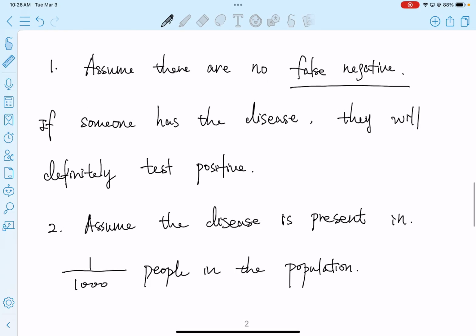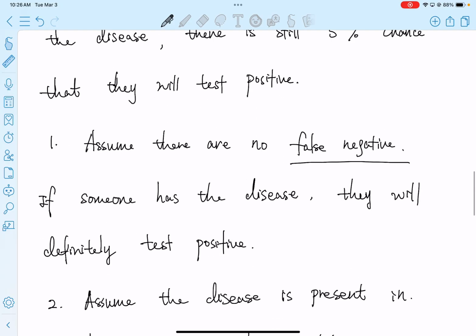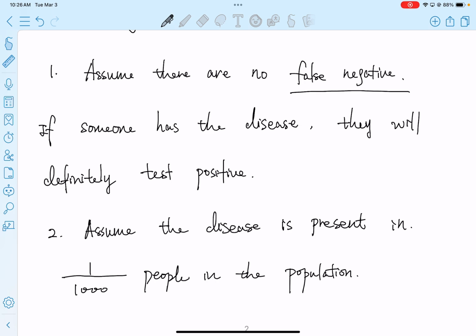Okay, so here is all the information that we have in this context. We have two things: one is the disease, and one is the test. Maybe I'll pause a little bit for you to finish the notes, or let me know if I need to scroll up.